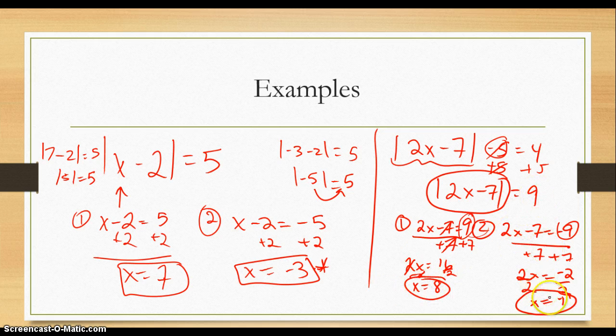Now I plug it back in to check. Here we go. 2 times 8 is 16. 16 minus 7 is 9. The absolute value of 9 is 9. 9 minus 5 is 4.